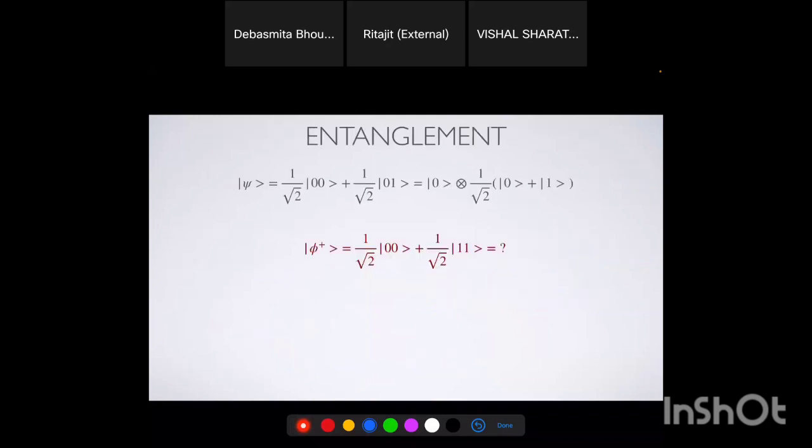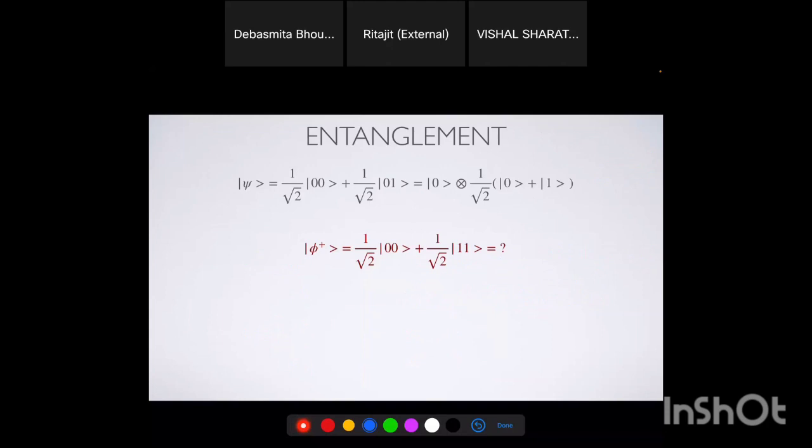Is it always so? So here is one more example where you can very easily factorize. But what happens if you have a state like this, the red colored state? Can you factorize? Well, it seems you can't, but maybe you can, it's just not very obvious by looking at it.